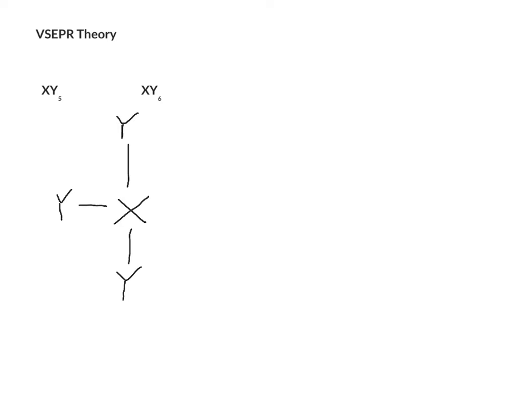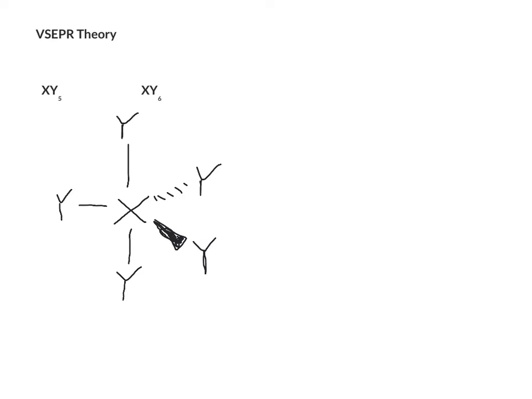Those 3 bonds are in the plane with each other. One bond on a dash, going back into the plane, one on a wedge coming out at you. This type of geometry is called trigonal bipyramid.